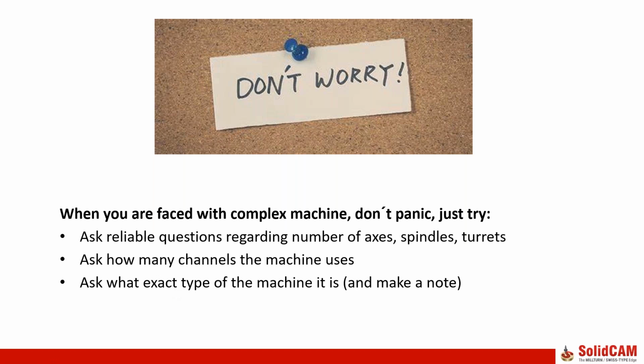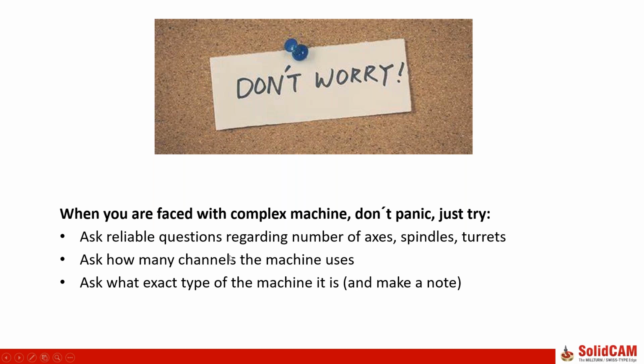Ask exactly about the type name of the machine and make a note, because the name usually contains the definition of how this machine is assembled, what configuration of the machine it is, how many devices are inside. It typically could be inside its name. So ask about the name.